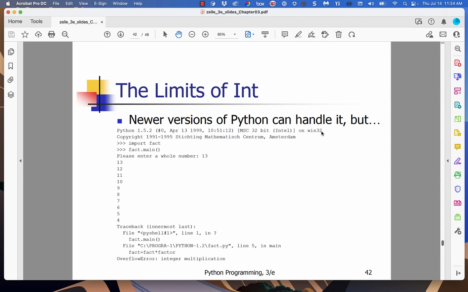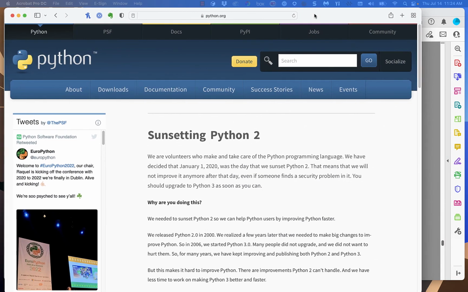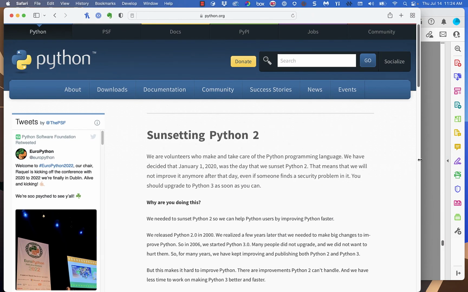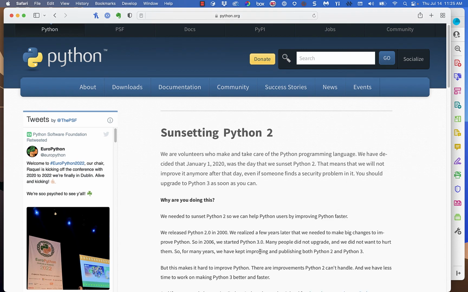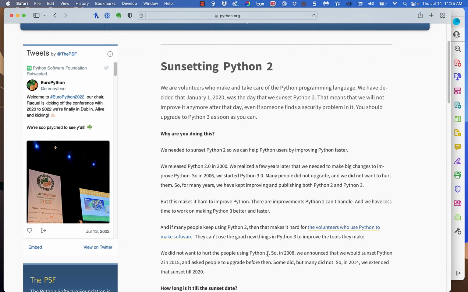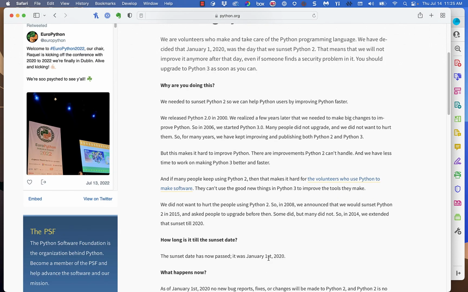Now, newer versions of Python can handle it, but he's showing Python 1 or even Python 2. I just want to drive a nail through the coffin of any Python version earlier than Python 3. The Python Foundation, who's responsible for the guidance of Python, called time on Python 1 and 2 on, what's the sunset date?